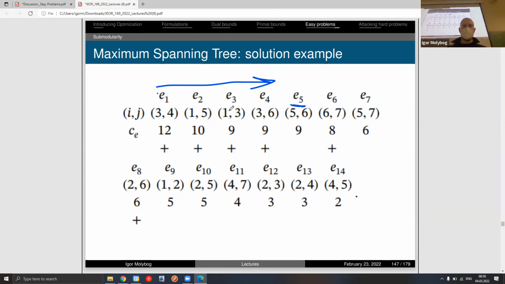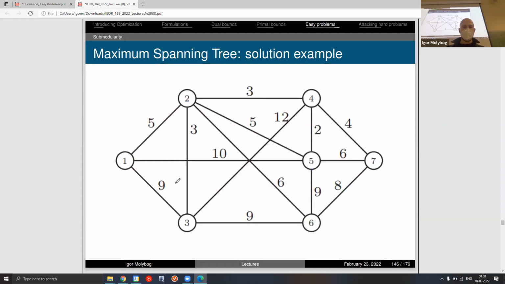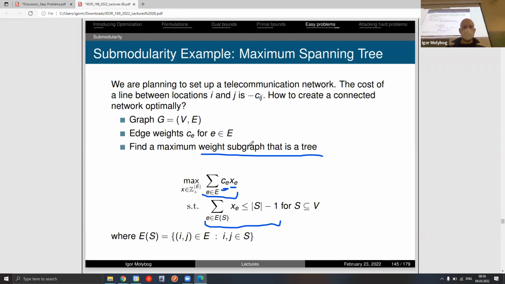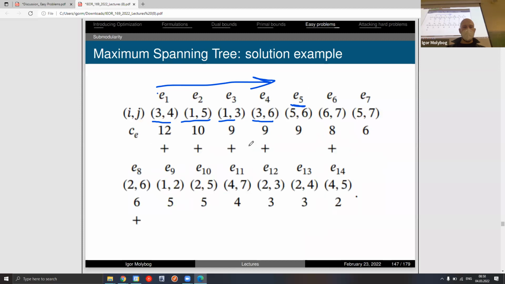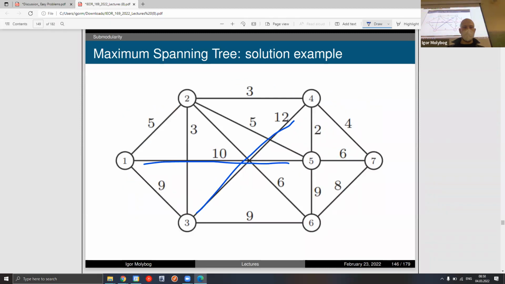You can take a look that the first edge is 3, 4, then 1, 5, then 1, 3, and then 3, 6.